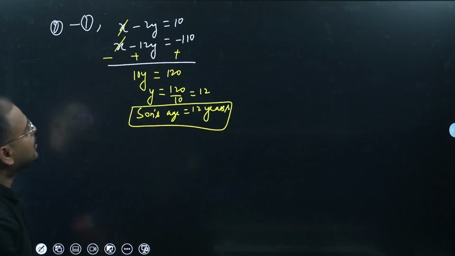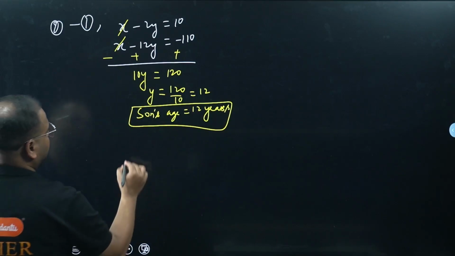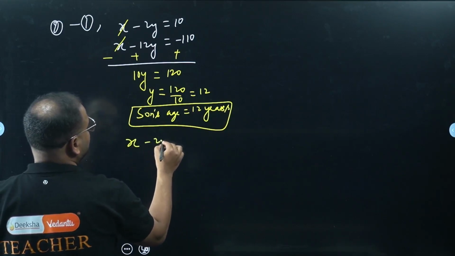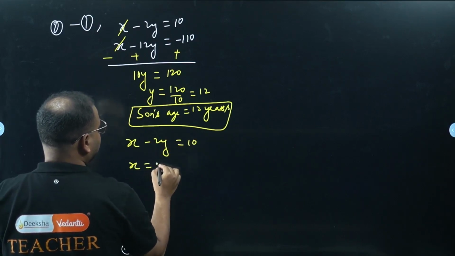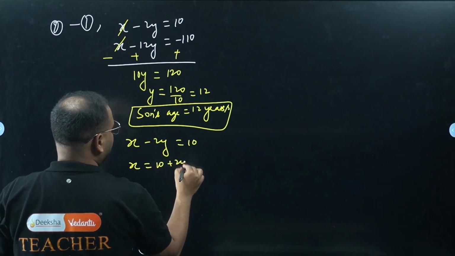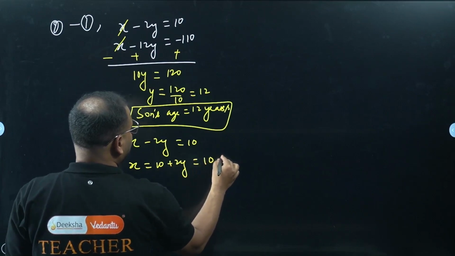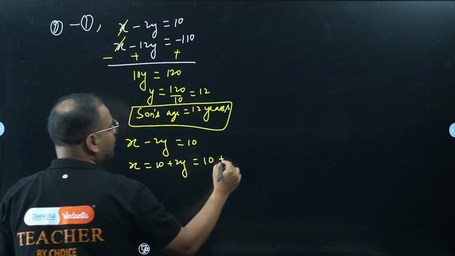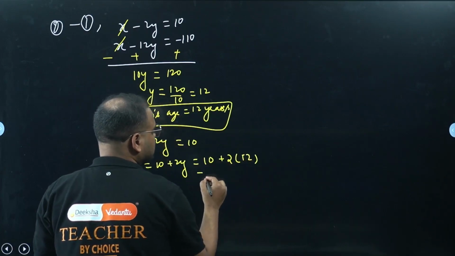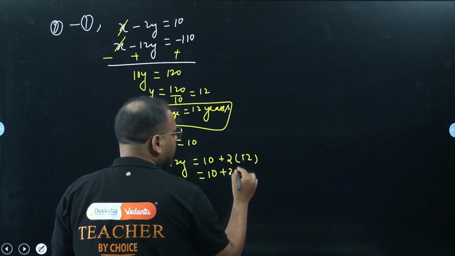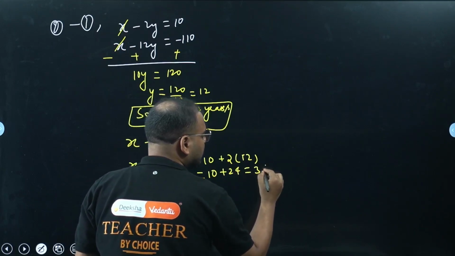What about father's age? Put it in any equation. So x minus 2y equal to 10. So x equal to 10 plus 2y. 10 is 10. 2y will be 2 times of 12. It becomes 24 and it gives me 34.